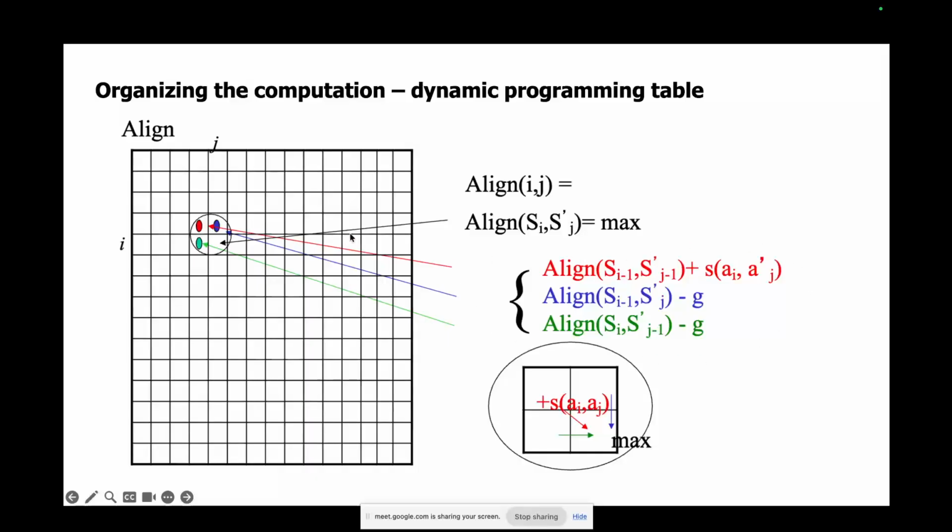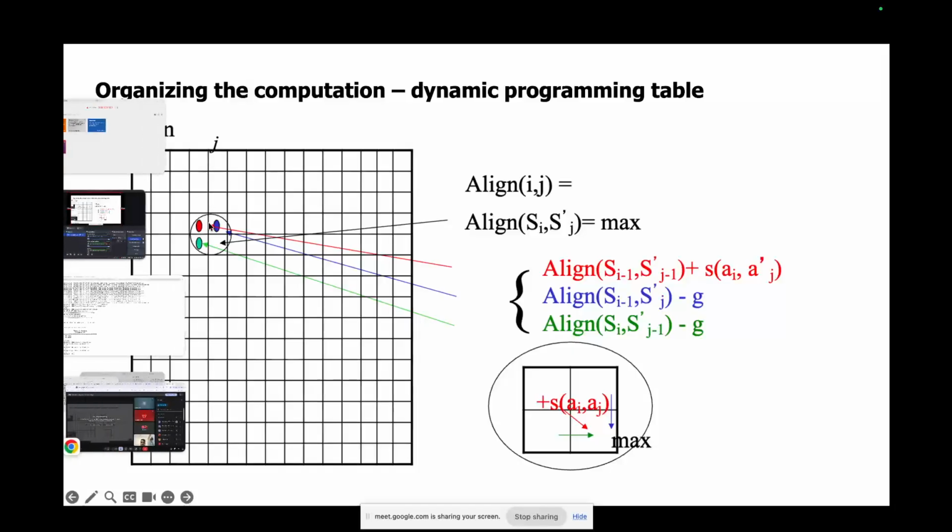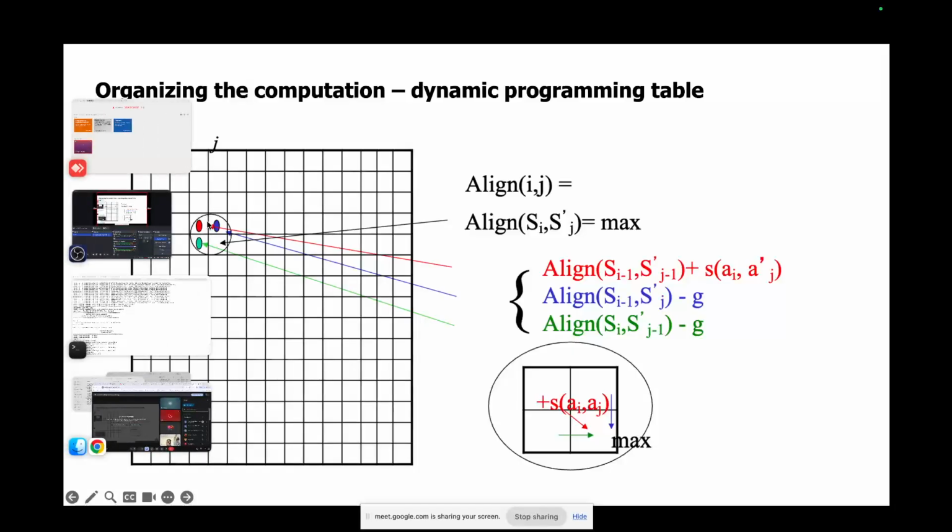So what are the three? So you align S i minus 1 and j minus 1. There will be some score here, because while reaching the ith and the jth position of the first and second sequences respectively, you would have computed the i minus 1 and j minus 1 score as well.